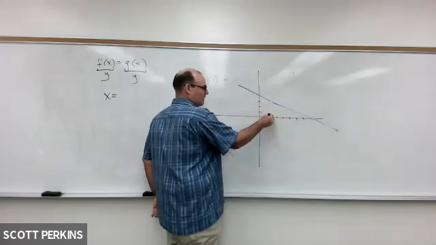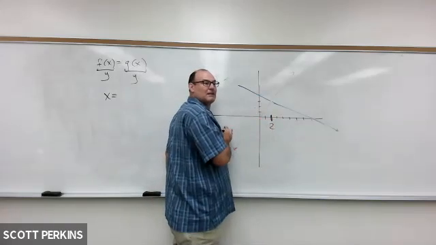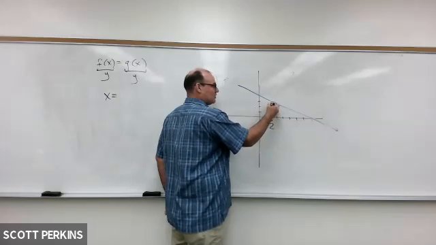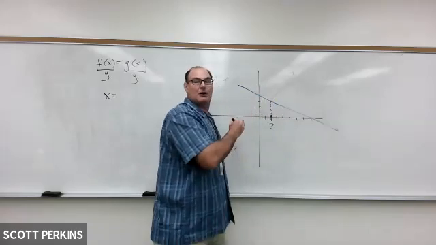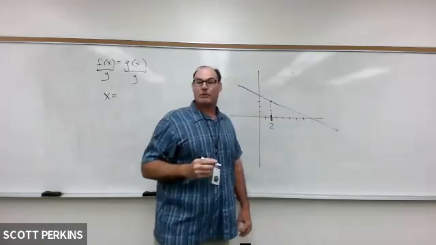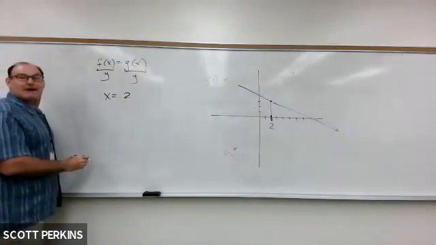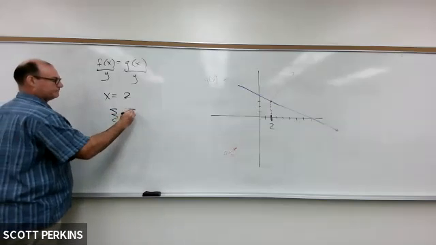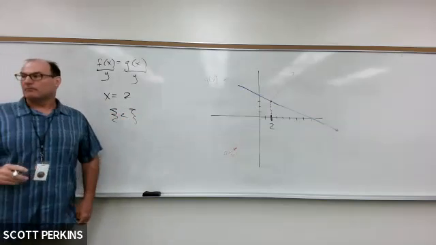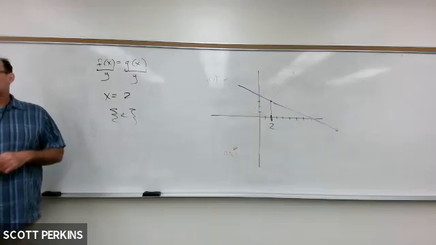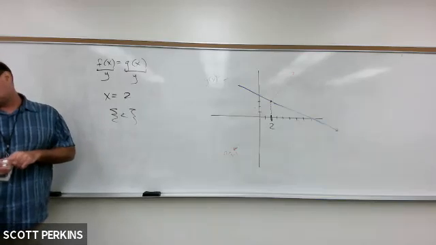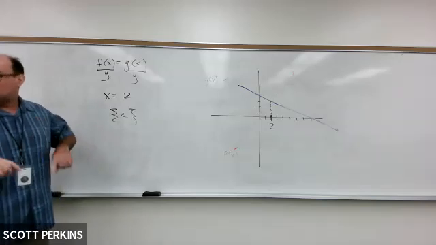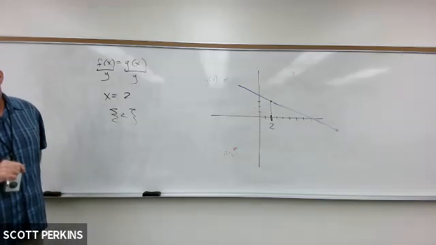Right here, 2. Would everyone agree with that? At the x value 2, that's where these y values are equal. Everybody locate that on the graph? So good, that's my solution set. 2. So far, so good? Okay, well, you'll get your chance to prove it in just a moment.